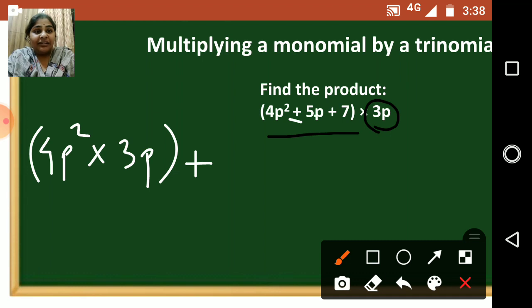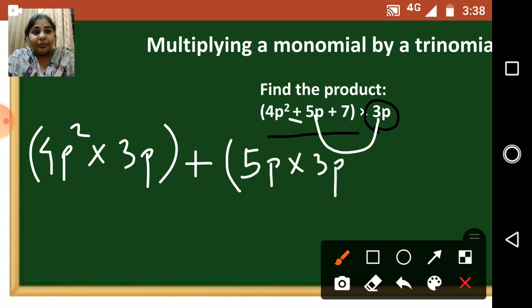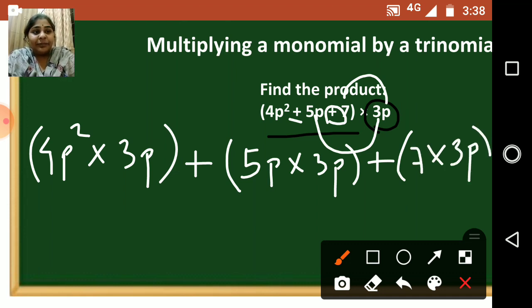Now next one, that is 5p multiplied by 3p. So I will take 5p multiplied by 3p in the bracket. Again here it is plus sign, so I'll write plus. Next one, that is the last term of the trinomial, is 7 multiplied by 3p. So I'll take 7 multiplied by 3p.